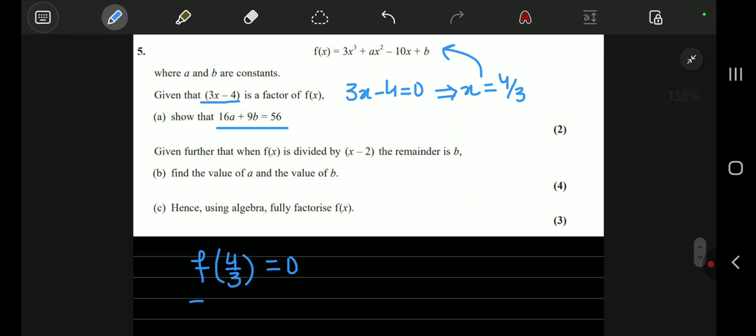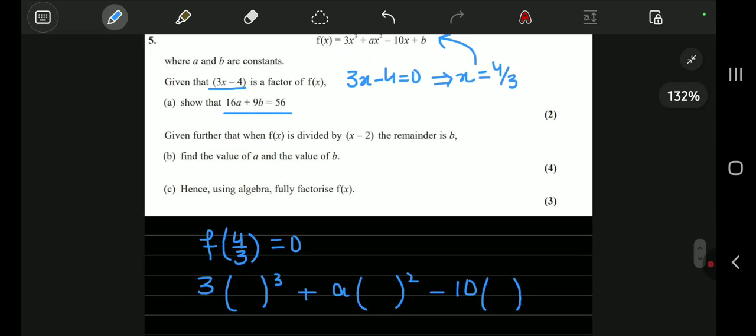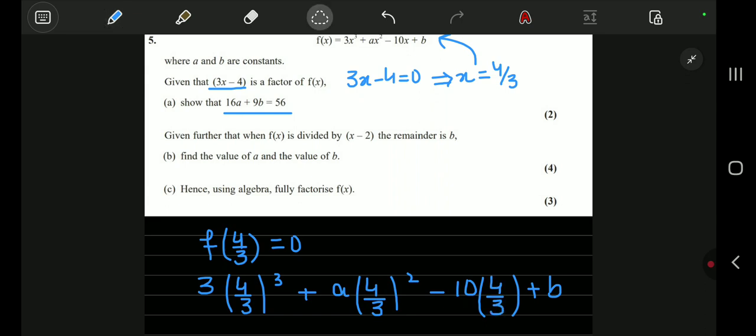We have the function 3x cube plus a x square minus 10x plus b. In these brackets we will be substituting our 4 over 3, and this should all be equal to 0.